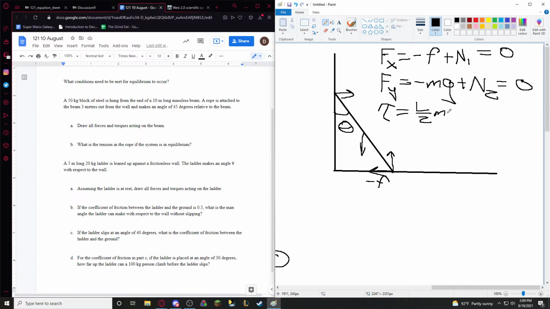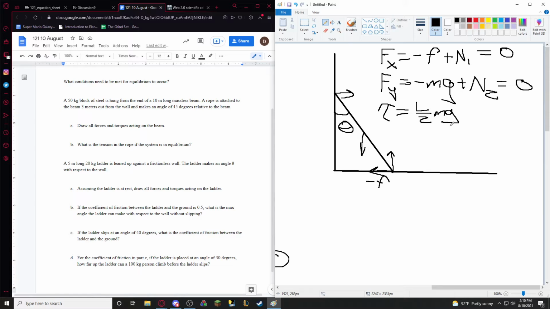Oh, it's supposed to be horizontal, so we would have to do cosine theta. Cosine of theta? Oh, yeah, it would be sine of theta.